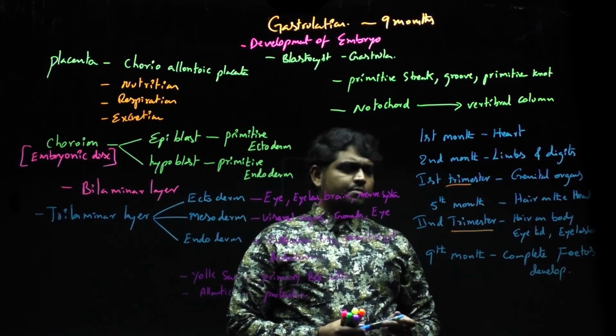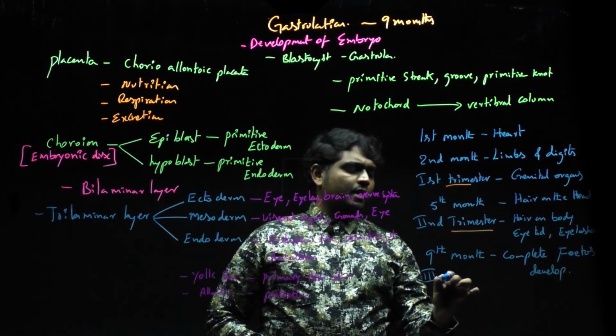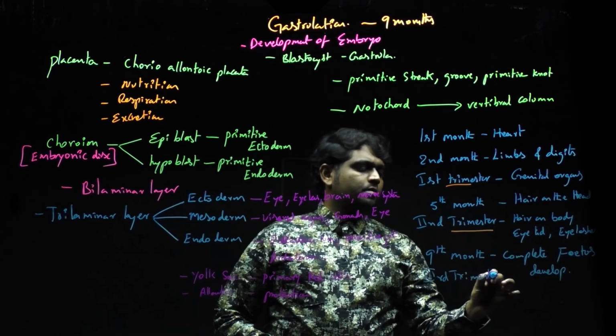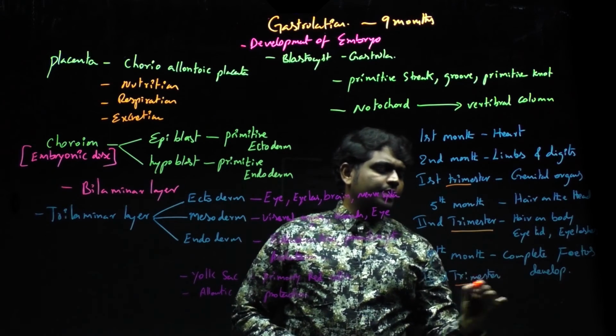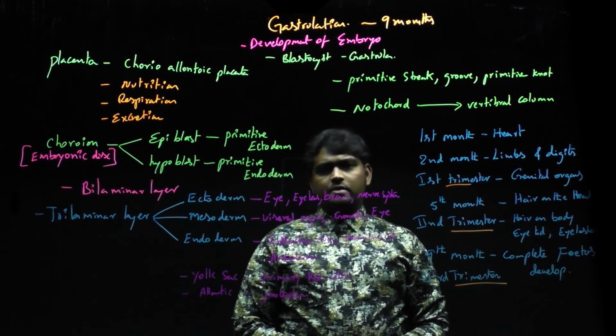In the 9th month, the third trimester, the full baby, the fetus, is developed. This is the end of gastrulation.